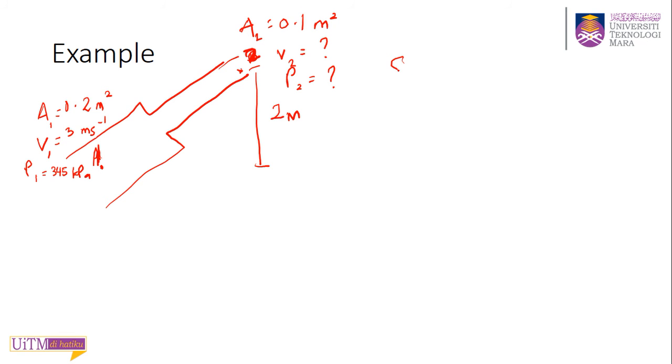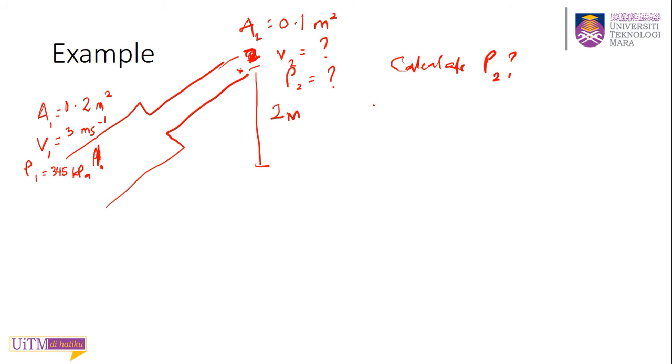Okay, the question is calculate P2. How do we do this? Find the V first. How do you find the V? Using what equation? A1 V1 equal to A2 V2.